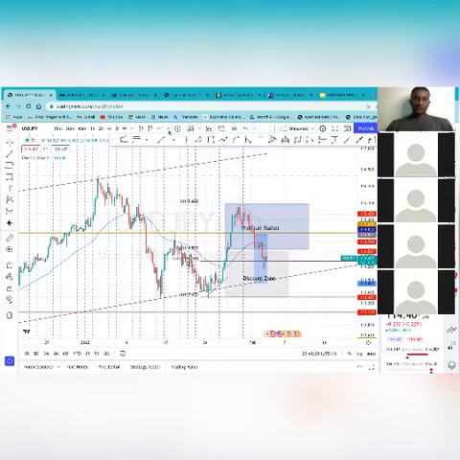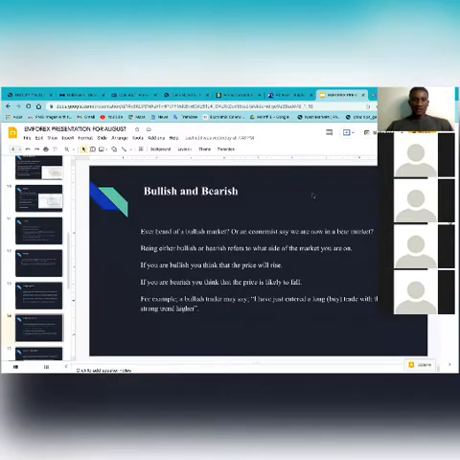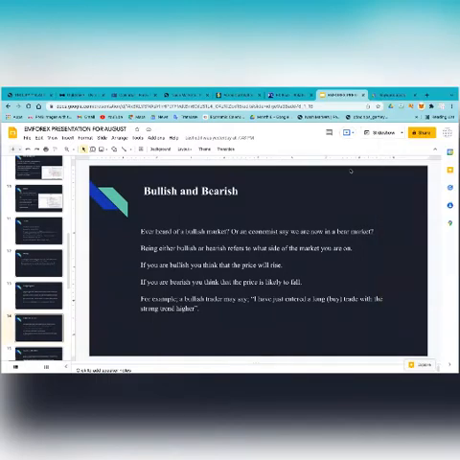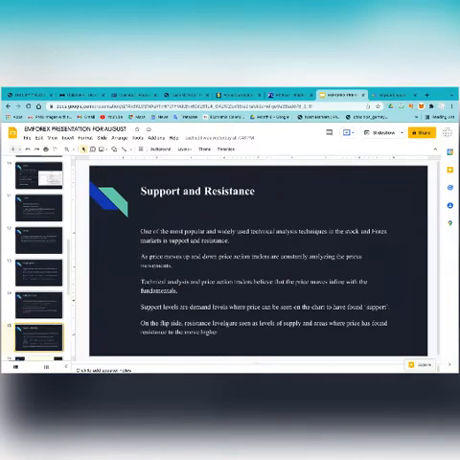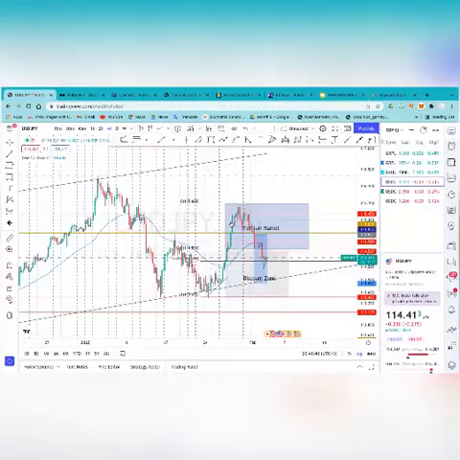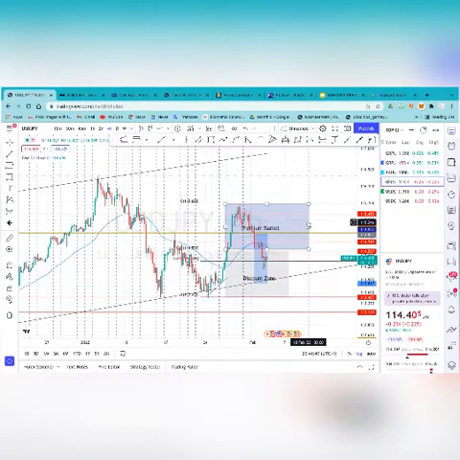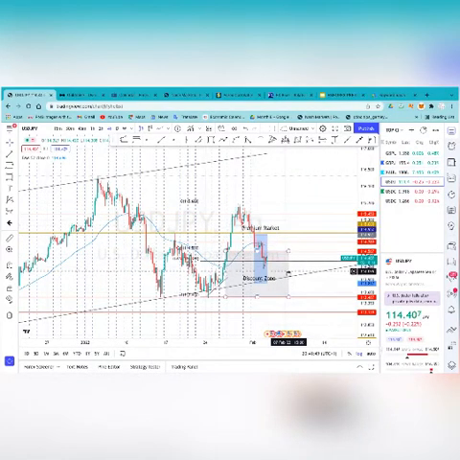Okay. So now let's see the next thing we have here: support and resistance. This is a very crucial aspect of trading. At every given point in time, the market is expected to change.